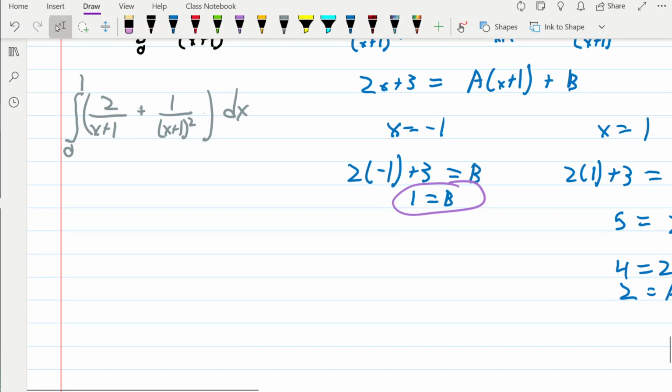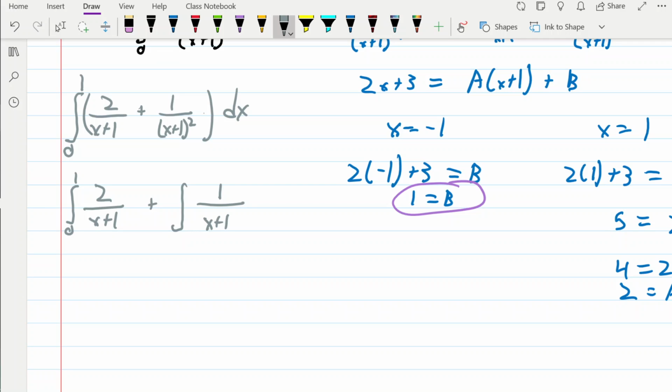So we're going to split this into two integrals. So we're going to have the integral from 0 to 1 of 2 over x plus 1 plus the integral of 1 over (x plus 1) squared dx. Oh, from 0 to 1.